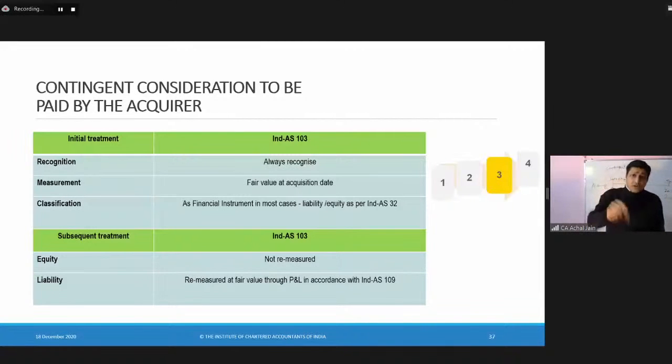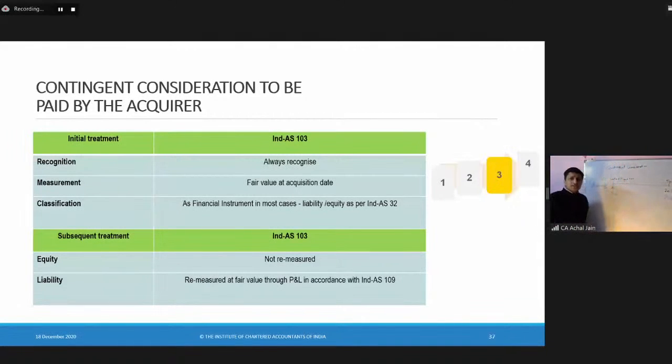See, this contingent consideration which will be issued in future by the buyer may take two forms, either equity or financial liability. Let's analyze it from the perspective of the buyer.